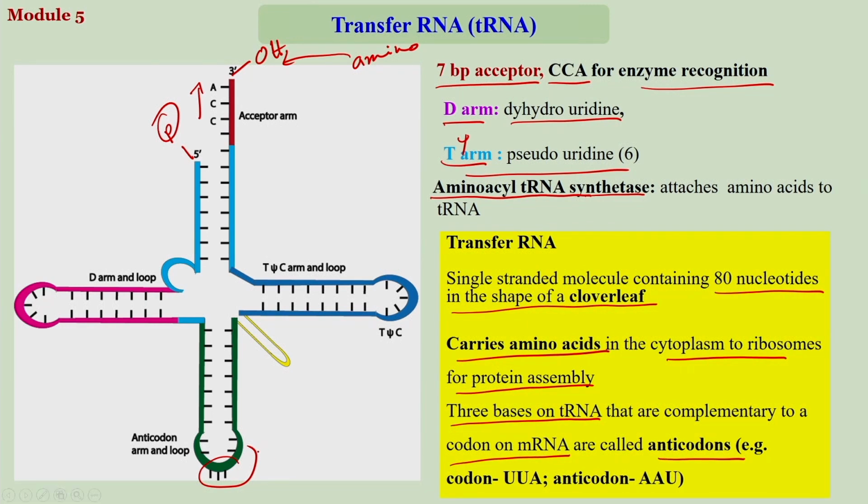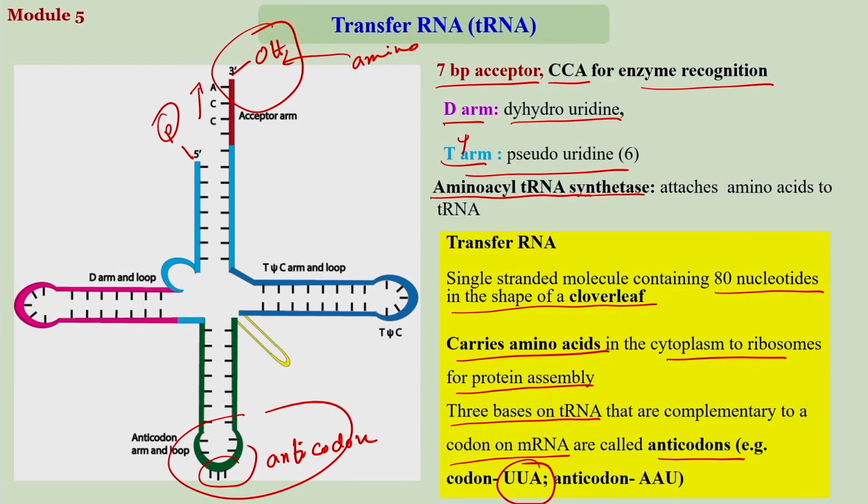So, this is your anticodon. For example, if the codon sequence in mRNA is UUA, then the anticodon would be AAU, of course the complementary of it. So basically, in tRNA, 2 parts are most important for its function. One is this, the other one is this.